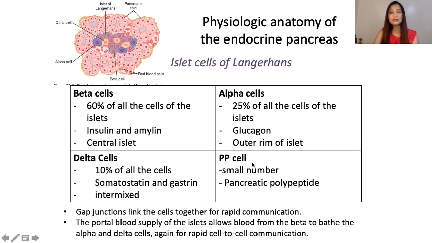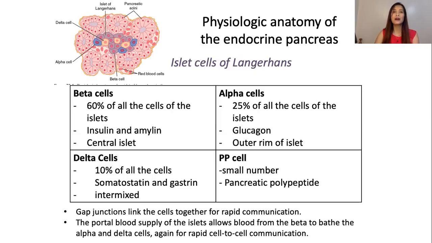These cells do not act independently from one another. They are linked by gap junctions that facilitate rapid communication, because they are intricately intertwined in energy metabolism and have to communicate with one another.